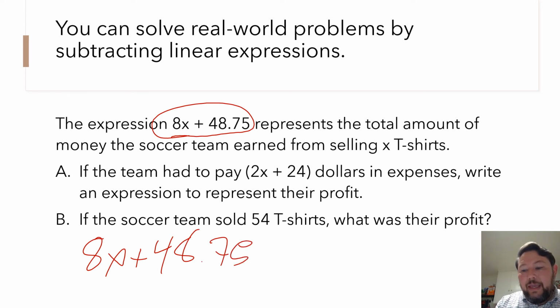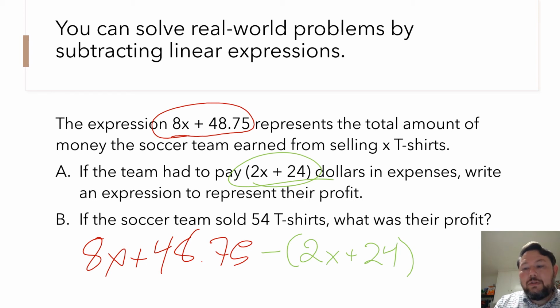The team has to pay some cost, and that cost is represented by this second expression. And since this is a cost, we're going to subtract it from our total revenue, how much money came in. And so we're going to subtract 2x plus 24. Now we have a linear expression, and we're being asked to subtract in this linear expression.